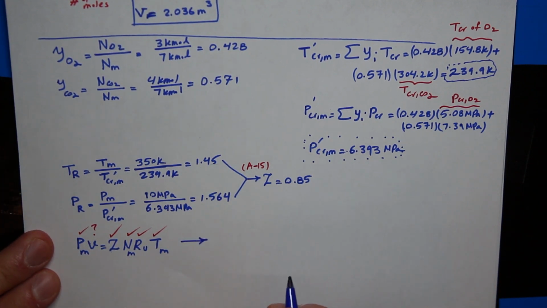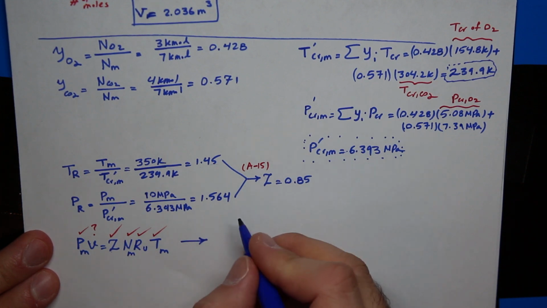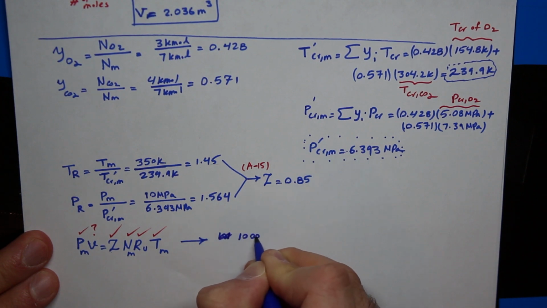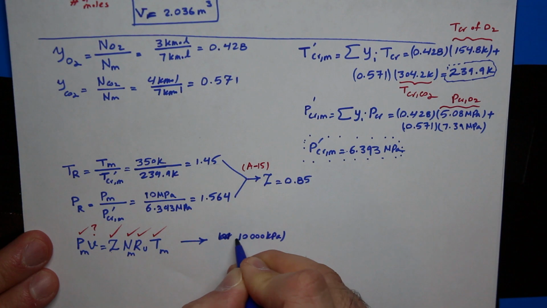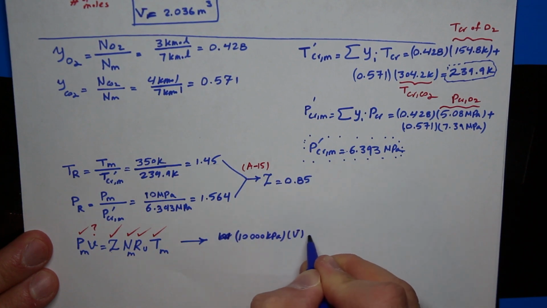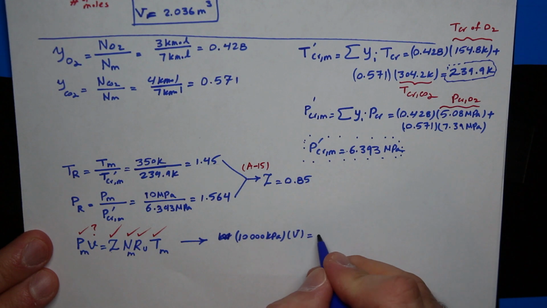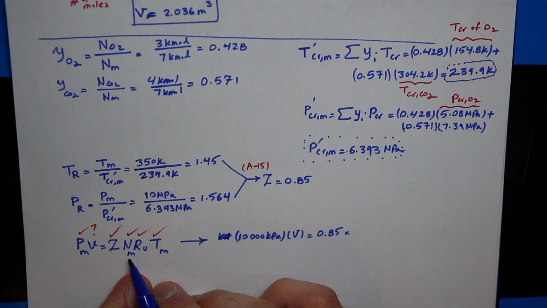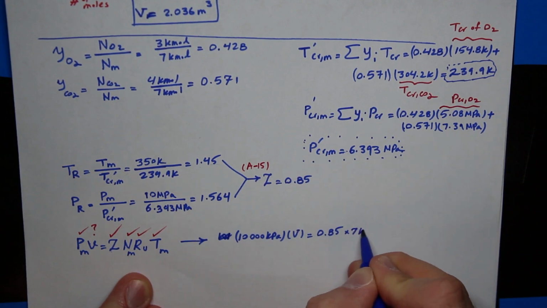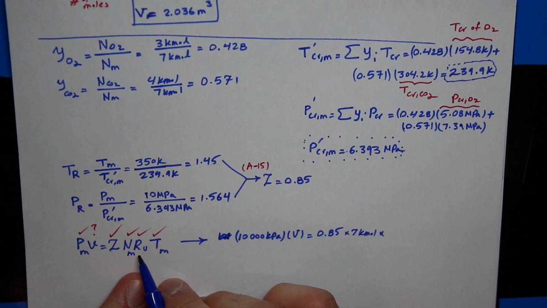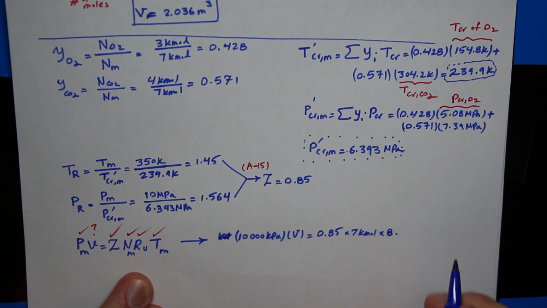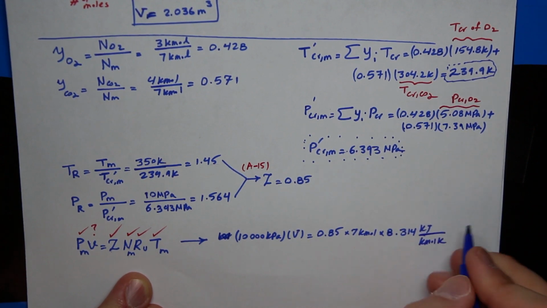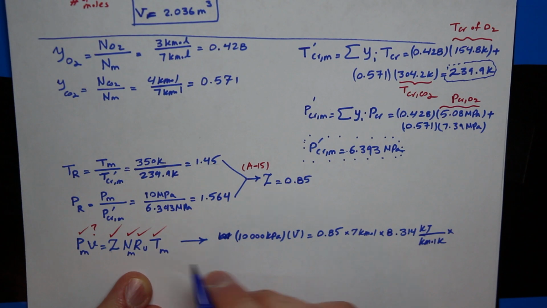So just putting in the numbers. For pressure of the mixture I have 10 megapascal, and I need to convert that into kPa. So 10,000 kPa multiplied by the volume of the mixture is equal to Z, being 0.85, a dimensionless number, multiplied by the number of moles in the mixture, 7 kilomole, multiplied by RU, the universal gas constant, 8.314 kilojoule per kilomole Kelvin, and Tm is the temperature of the mixture.